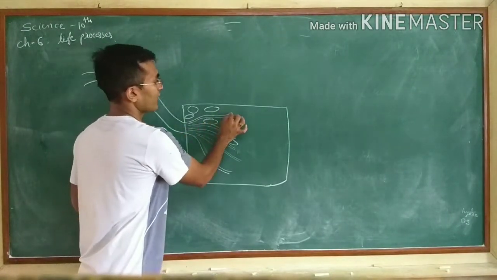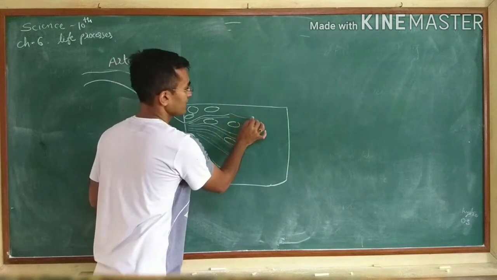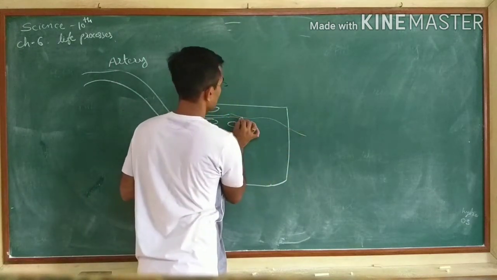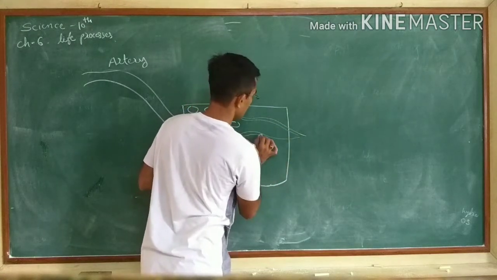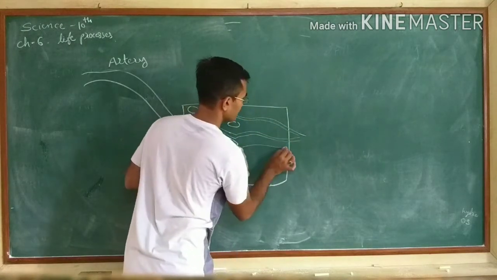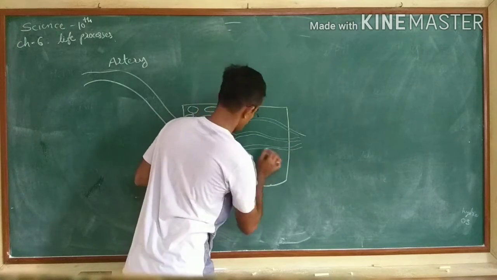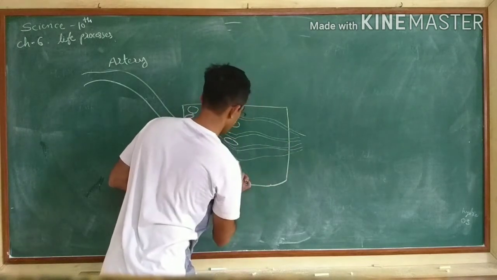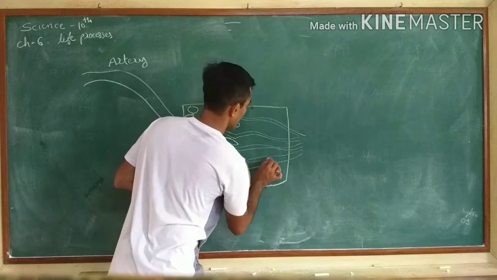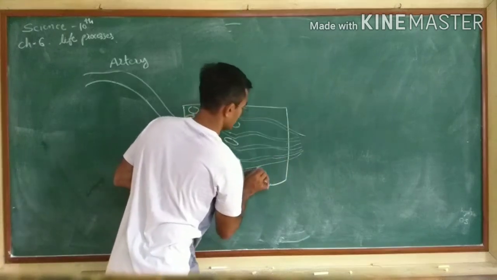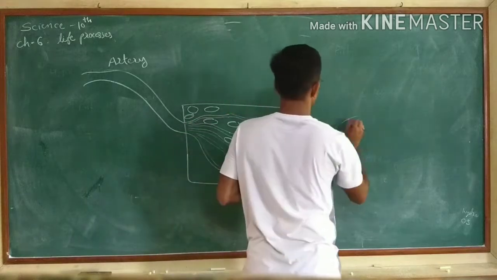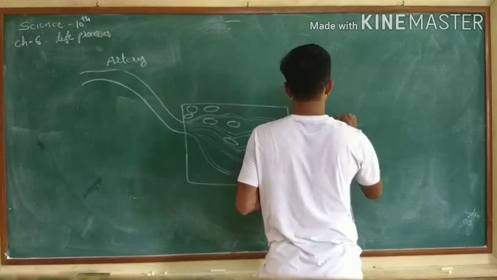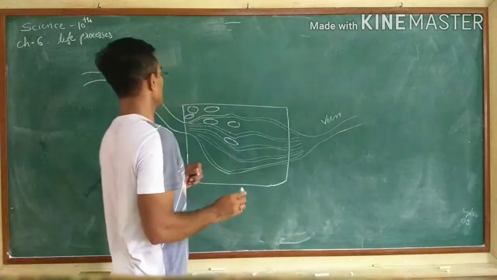Now these further join to other blood capillaries, and that will finally reach the blood veins. That is the second kind of blood vessel. These are blood veins.